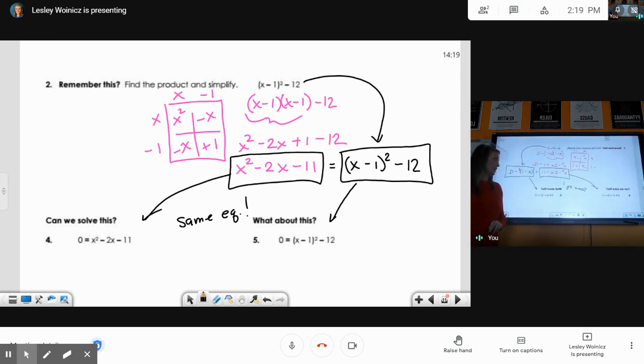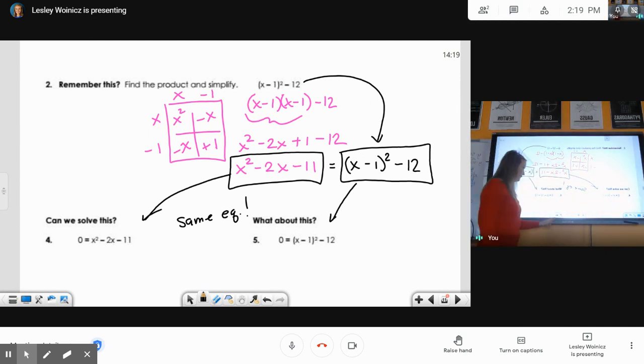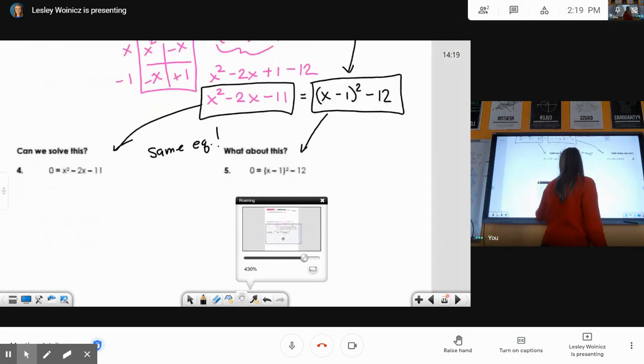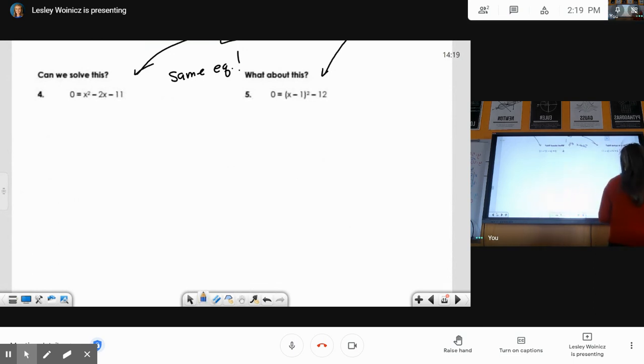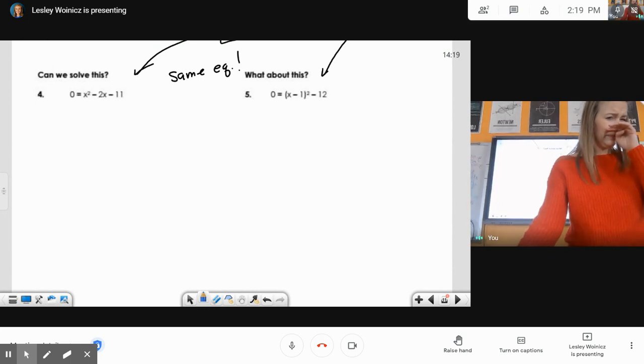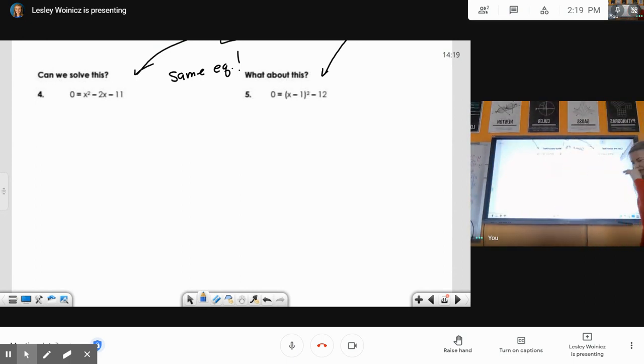So what I want to know is, can we solve these? We'll first look at number 4 and see if we can solve it. We have a trinomial here. We want to see if we can factor it by looking for some magic numbers. Maybe not.